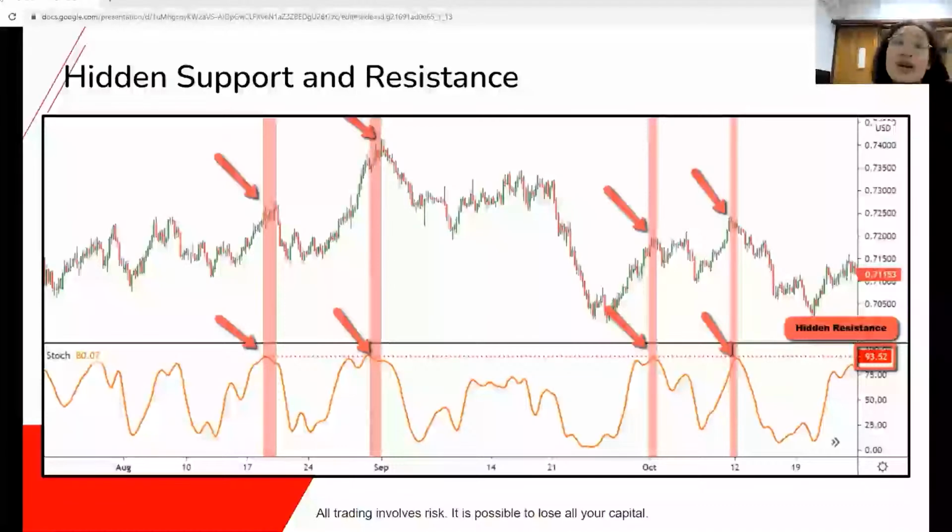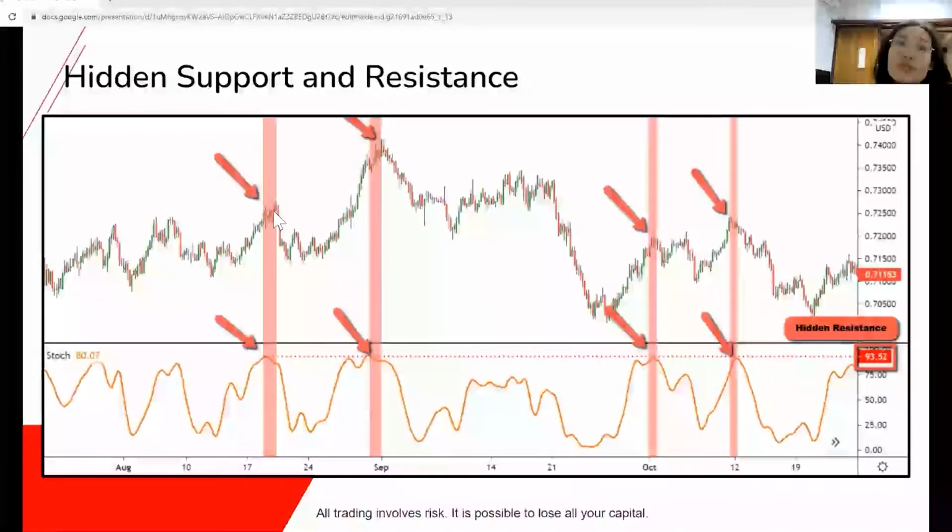So over here, we have a price chart, and then we have a stochastics chart. If you see here, the red dotted line is what we call the hidden resistance, because between each of these levels, there is a difference in the swing highs.